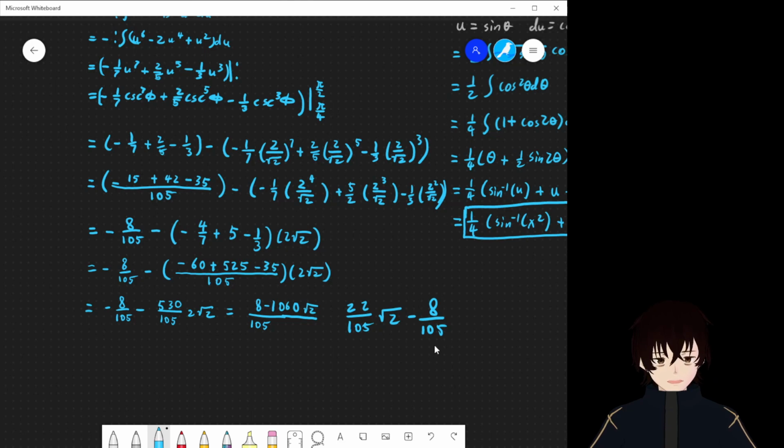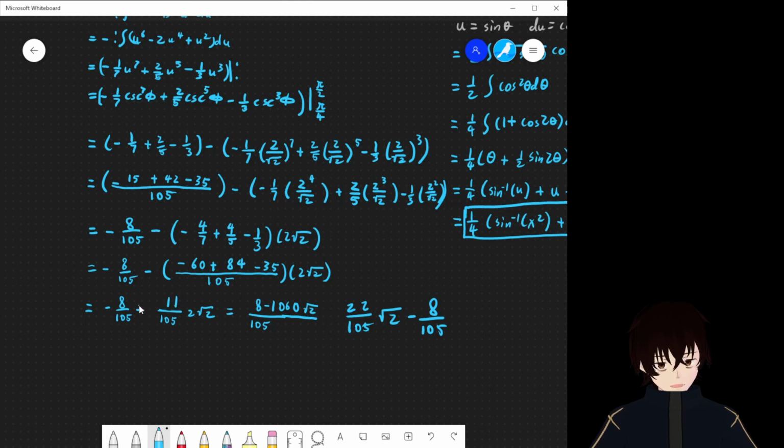So where did it all go wrong? Oh, I see it. Why did I write 5 over 2? This is not 5 over 2. This is in fact 2 over 5. If that's 2 over 5, this would be 4 over 5. It would be 4 times 21, that's 84. Now that would be 95 minus 84, 11.